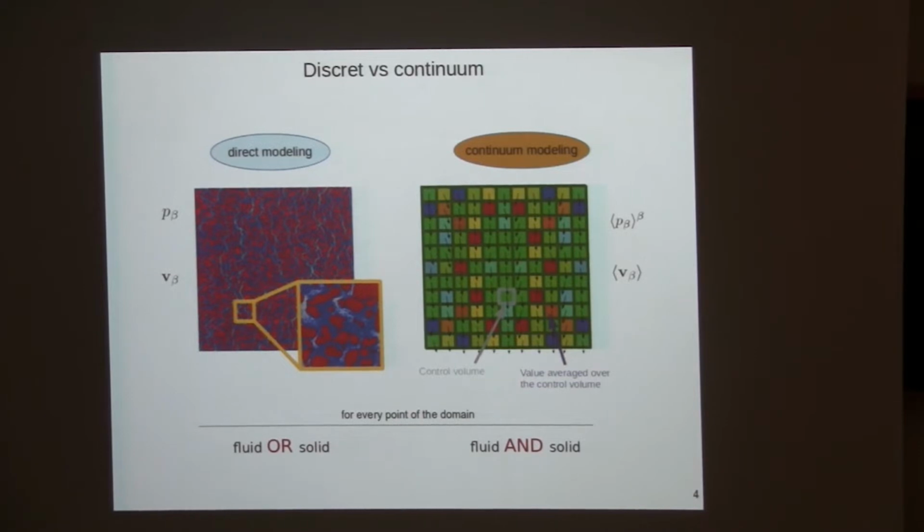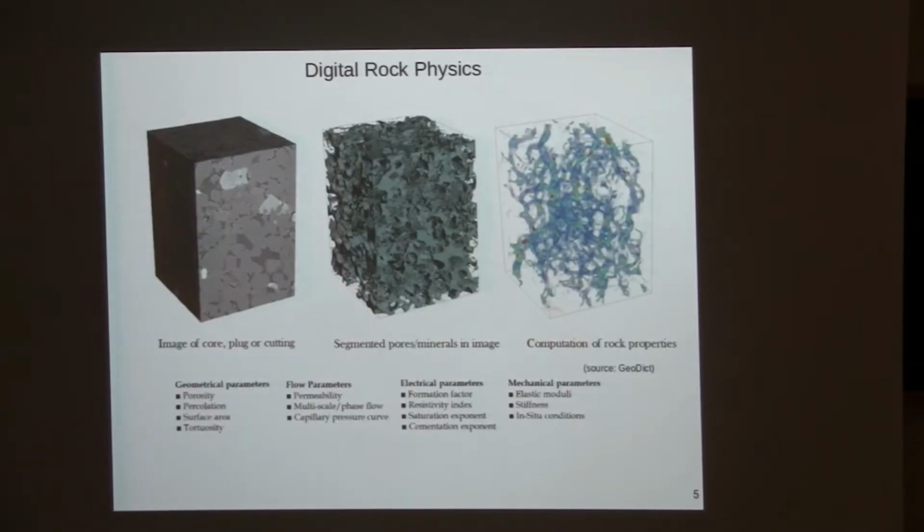Ideally, if your continuum model is accurate, the two different approaches should produce exactly the same results. Based on this duality, it means that we can solve the flow at the pore scale if your computational domain is large enough, you volume average your results, and you can obtain effective properties at the Darcy scale.